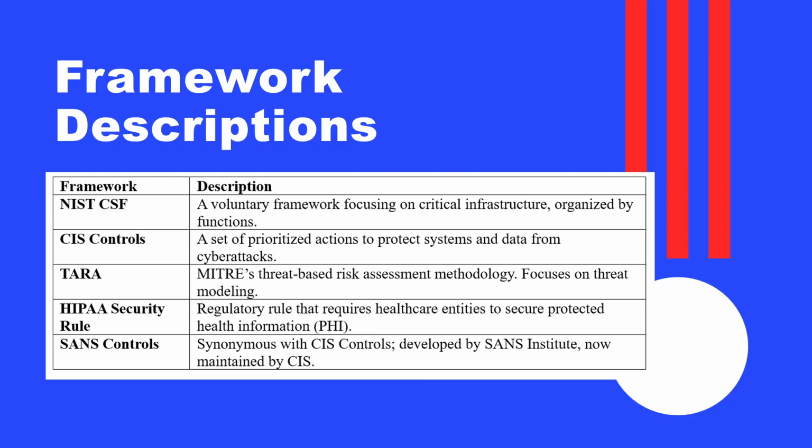Here we see other ones like SANS controls, which work directly with CIS controls to be able to understand how sensitive data should be stored, how many locations that data should be stored in. Obviously, you don't want to store sensitive data only on premise.